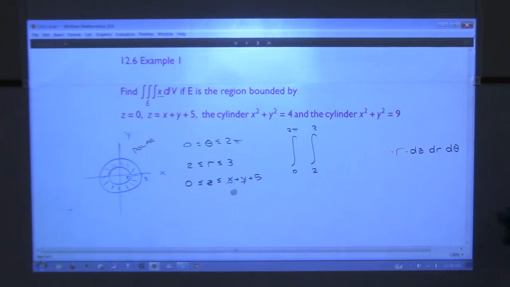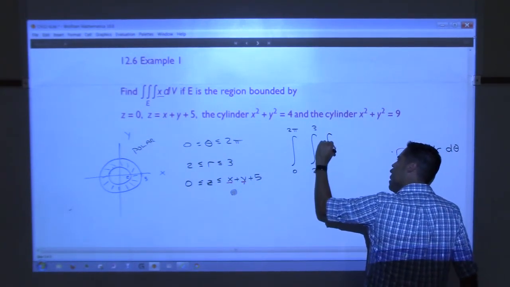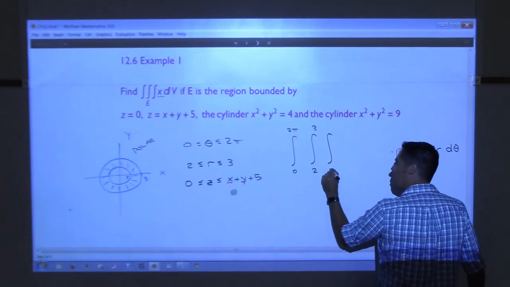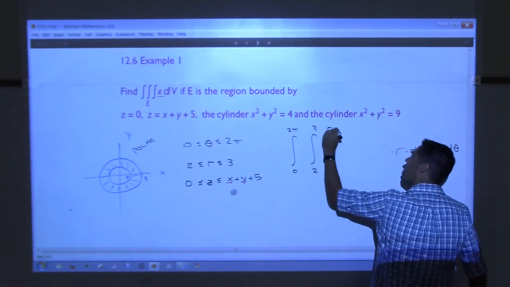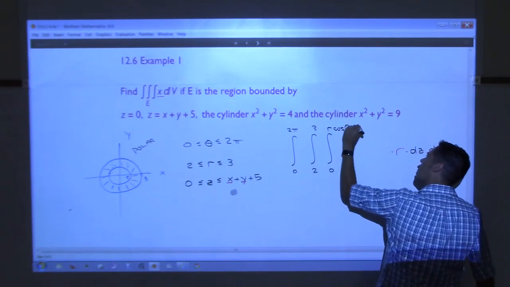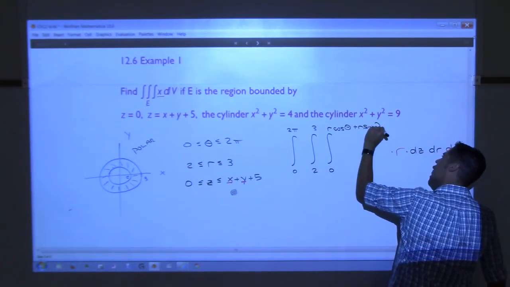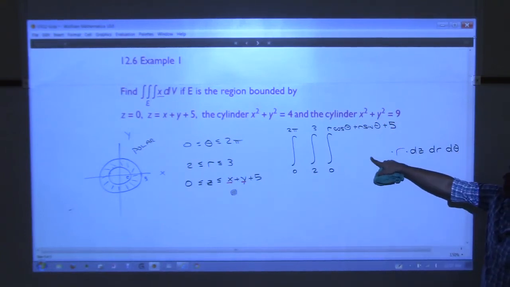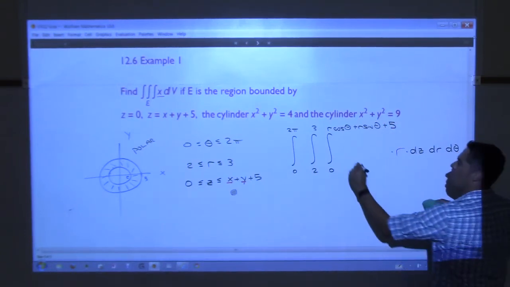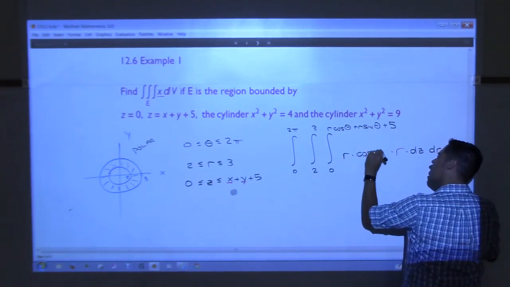All right, now let's get our other limit of integration here. It's going to be 0 to x plus y plus 5, so r cosine theta plus r sine theta plus 5. And what am I integrating? X, which is r cosine theta.